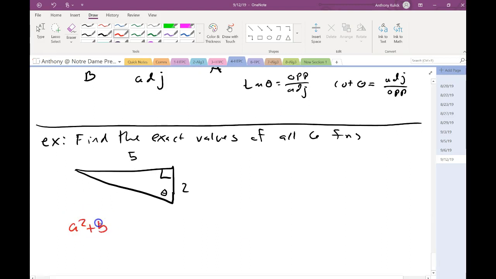Yeah, I can use the Pythagorean theorem, a squared plus b squared equals c squared. So I get that the square root of 29 is the hypotenuse. Everybody happy with that?